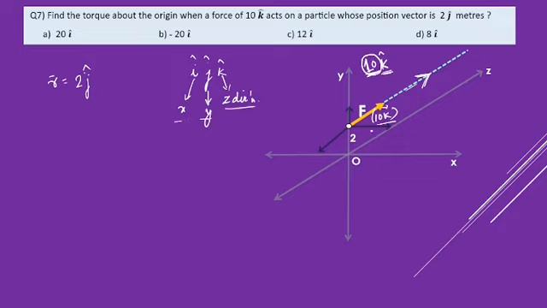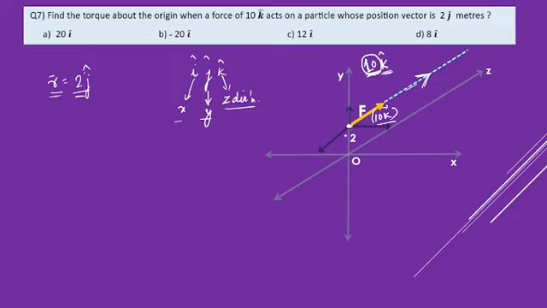So when I say 2j, the magnitude is 2, and there is no i component and no k component. It means the body is on the y axis.